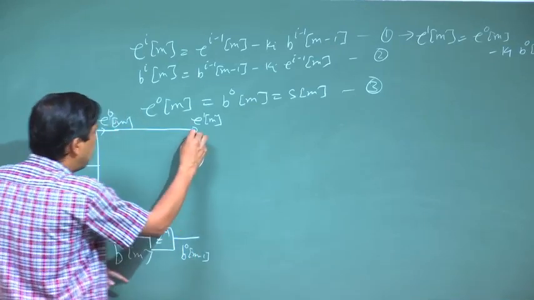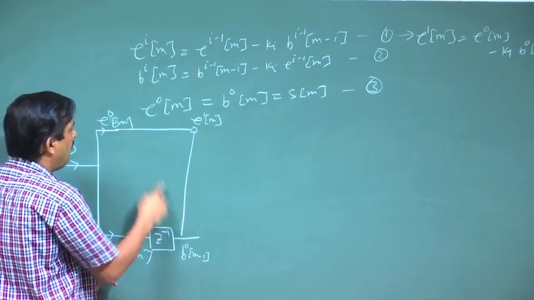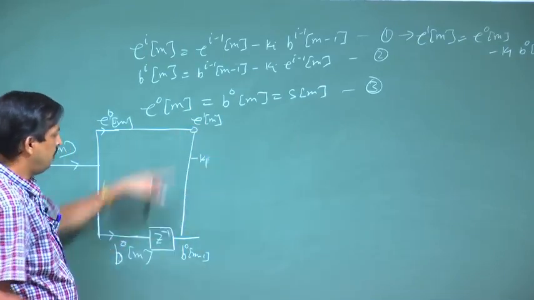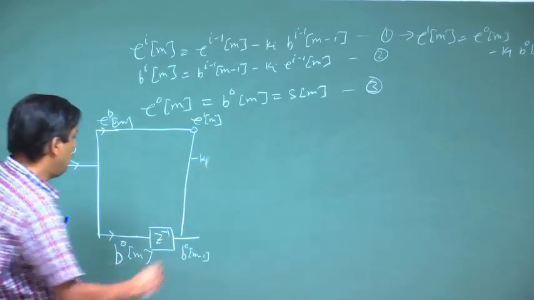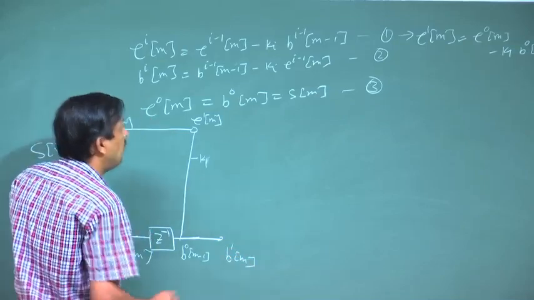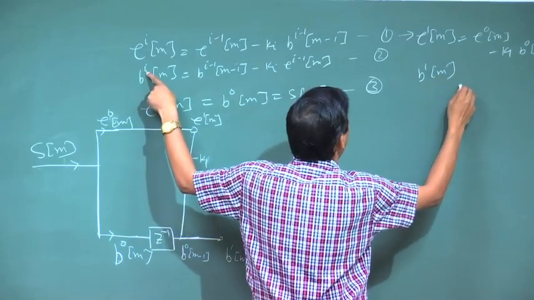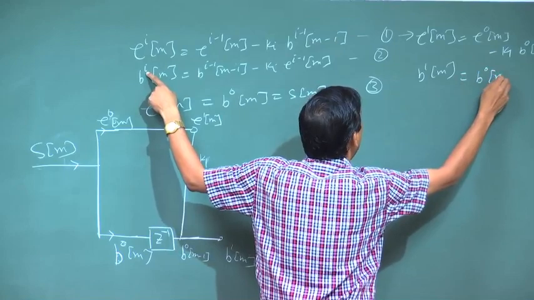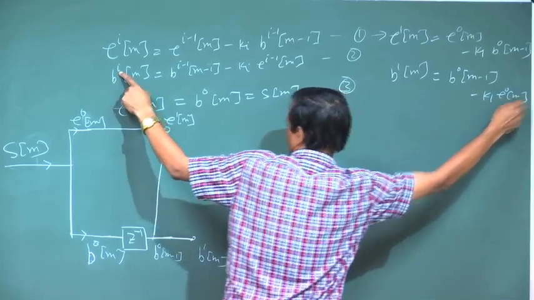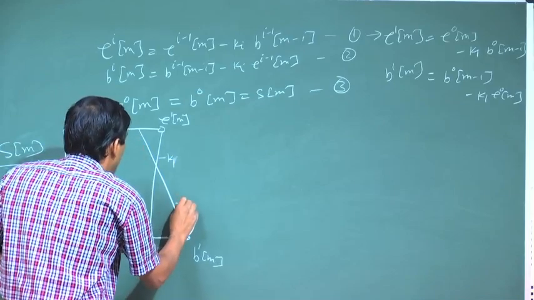Now, E1m is nothing but E0m minus k1 into B0m minus 1. Similarly, suppose I want to predict B1m, the backward prediction error, putting i equal to 1: B1m is B0m minus 1 minus k1 E0m, so this is E0m with minus k1.